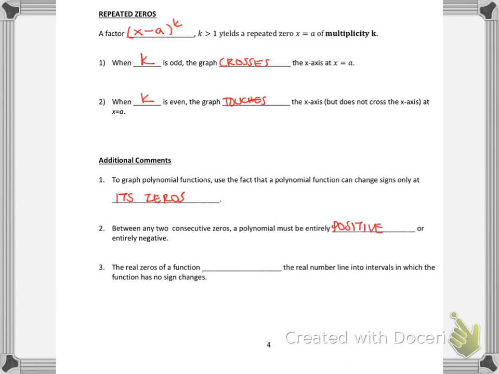And we've only been talking about real numbers. I think we do get into complex numbers, but for now we're only talking about real numbers, no imaginary. So the real zeros of a function divide the real number line into intervals on which the function has no sign changes. And we're going to talk about that for the remainder of this video. Just keep this in mind.